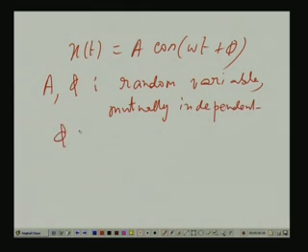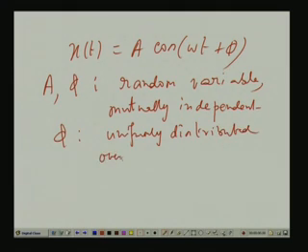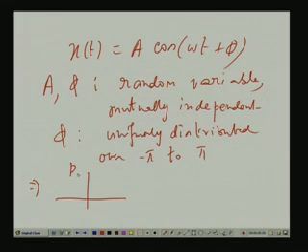And phi uniformly distributed over minus pi to pi, meaning p of phi, on the phi axis, is constant from minus pi to pi. Obviously, area has to be 1, so height is 1 by 2 pi.